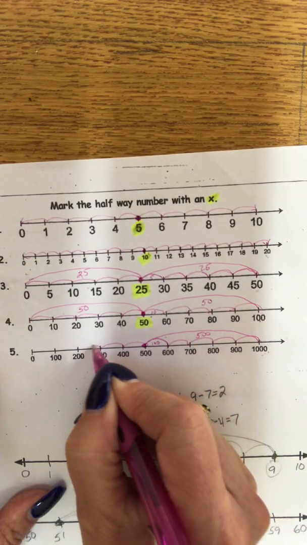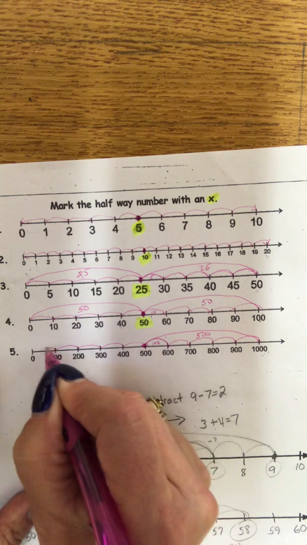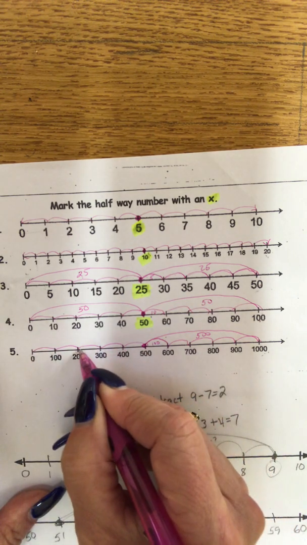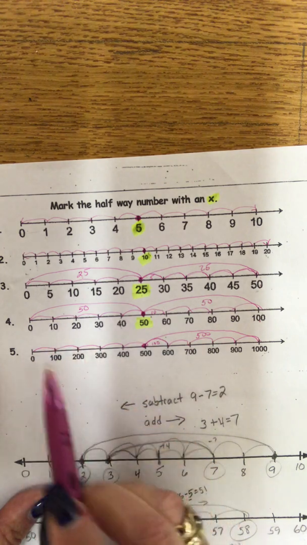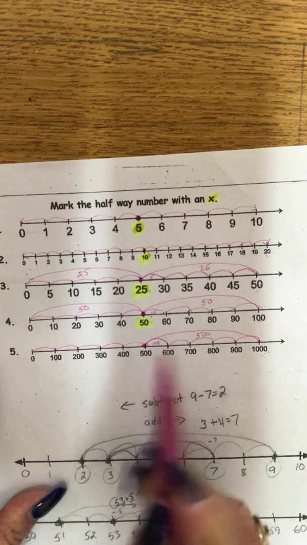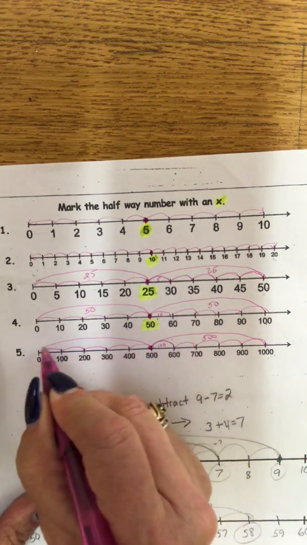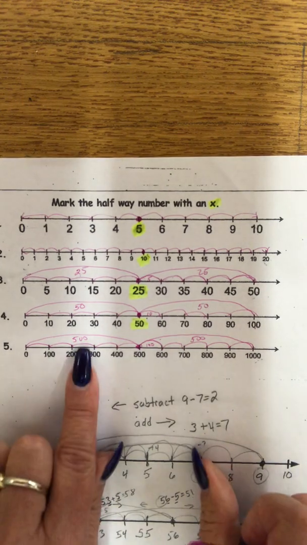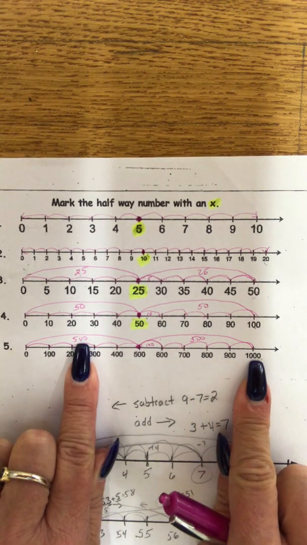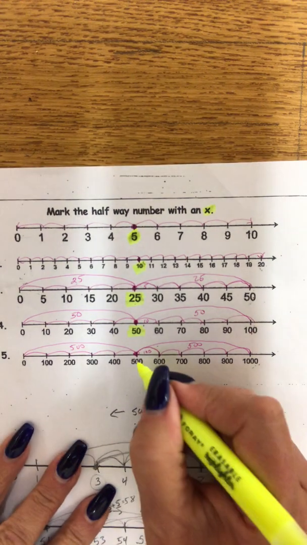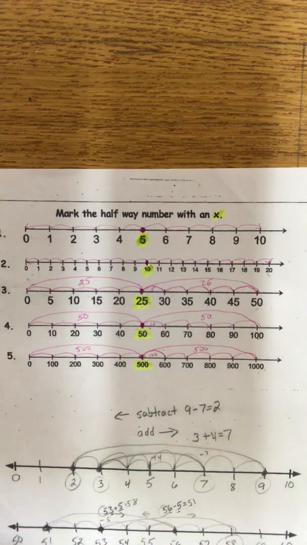And going the other way, 1, 2, 3, 4, 5, 100, 200, 300, 400, 500. Total distance on the number line of 500. 500 plus 500 equals 1,000. That's our halfway.